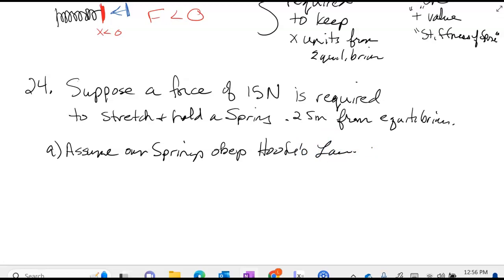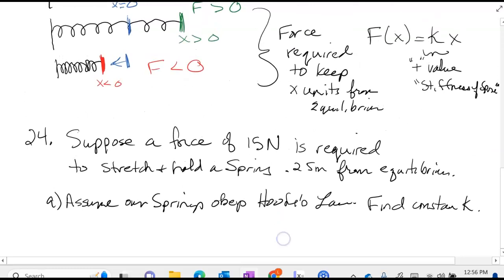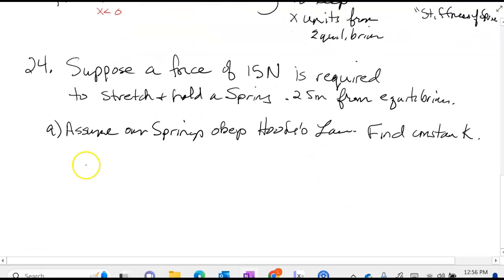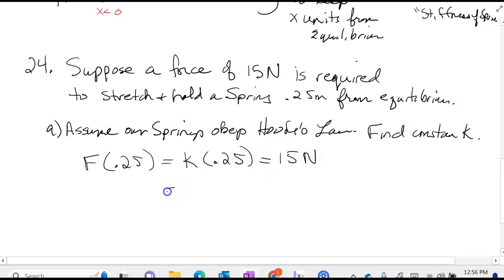We want to use the information given to find our constant K. All right, well, that's pretty easy. If you recall up here, we said that the force F of x equals K times x. So x is 0.25, equals K times 0.25. And that force we said was 15 newtons.